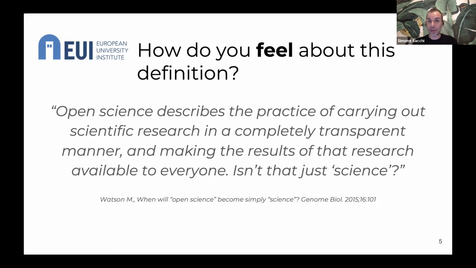What we mean by transparent is that you should be able to test scientific claims. You should be able to replicate and reproduce research. You should be able to understand which data back up any research claim.